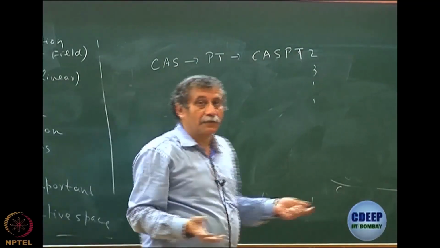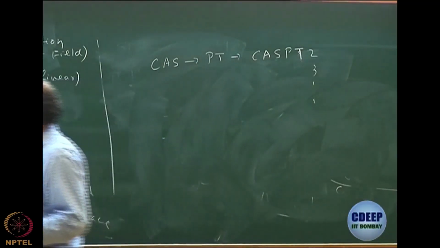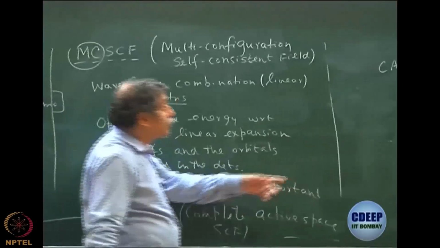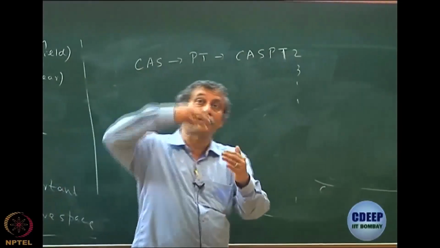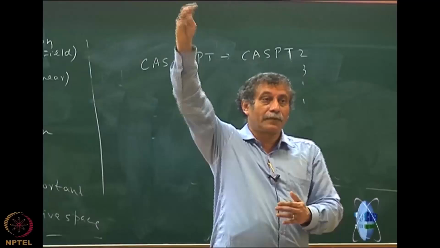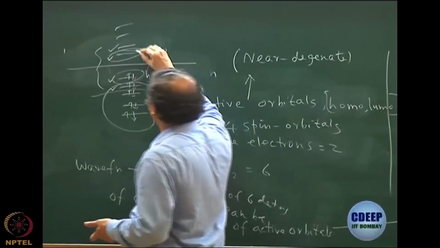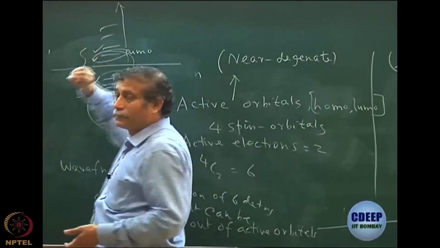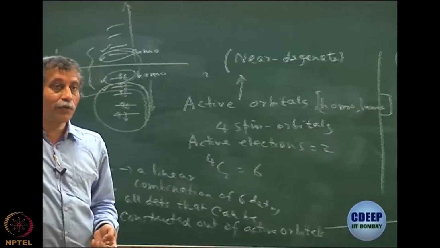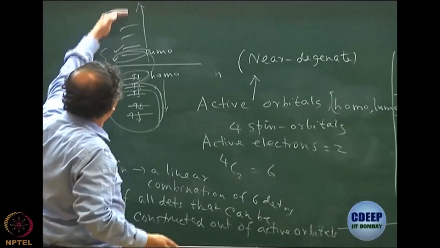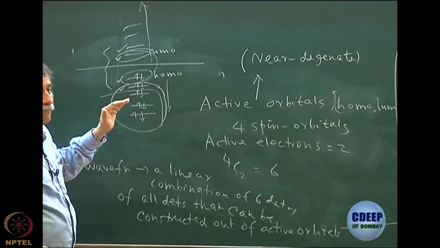And you can see that first of all I have chosen the important determinants. I am doing a CAS SCF, which means not just CI, changing the orbitals, and then on top of it I am doing second order perturbation where other orbitals will come. Because right now other orbitals are left out. I have taken only HOMO-LUMO. All these orbitals are left out in CAS. So when I do CAS SCF, remember the dynamic correlation from all these orbitals is left out.